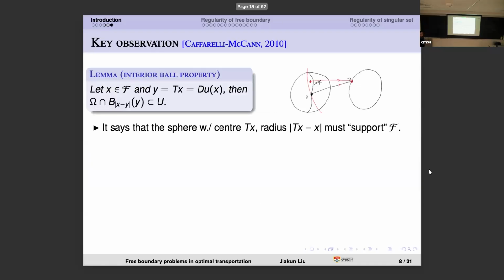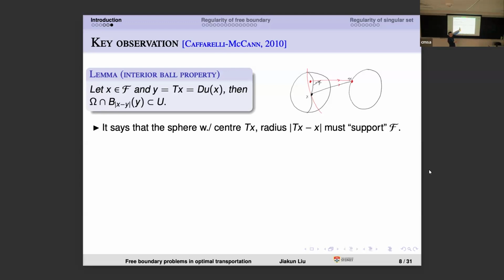And why is that? A key observation in this problem, given by Caffarelli and McCann, is the so-called interior ball property. Interior ball property means if you look at a point x on the free boundary, and the target is T(x) in Omega star, and then you draw a sphere centered at T(x), with the radius being the length between x and the target, that sphere has to stay on one side of the free boundary.